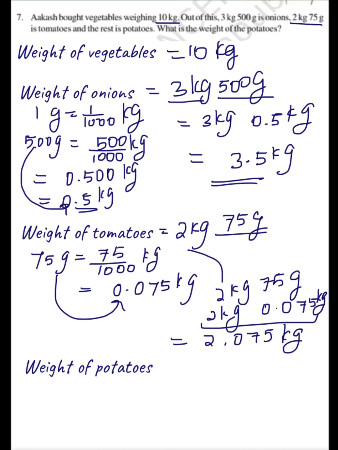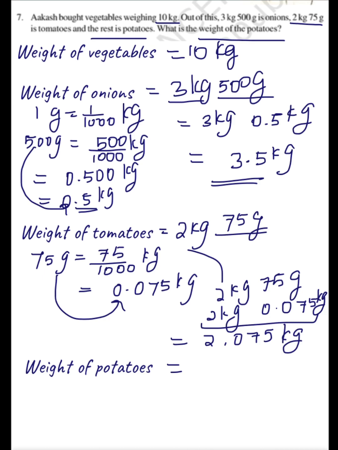Now we need to find the weight of potatoes. In the question it's given that the rest is potatoes. That means the weight of entire vegetables is given as 10 kg, and the weight of onions and the weight of tomatoes are also given, and we need to find the weight of potatoes. So for that, what you have to do?